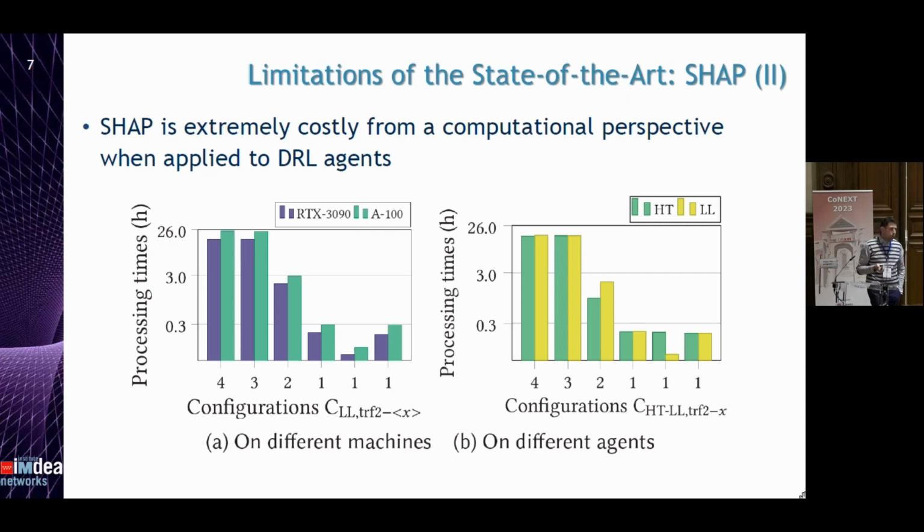We were running SHAP for a number of experiments and on several GPUs. Here I just show a couple of results, where the x-axis shows the number of users in the system. And when you get to 4 users, this is already scaling to 26 hours of computing, which is very hard to tackle. We also tested with a higher number of users. That was confirmed.